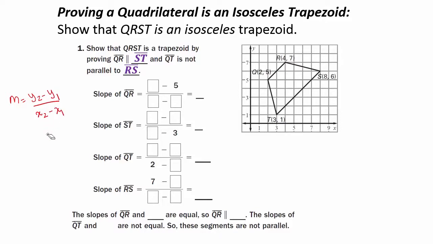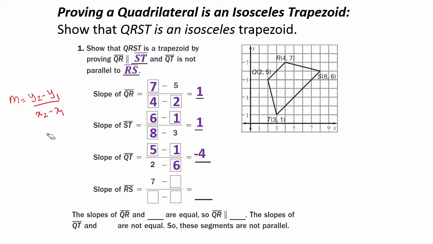The slope of line segment QR is equal to 7 minus 5 over 4 minus 2, which reduces down to 1. The slope of line segment ST is 6 minus 1 over 8 minus 3, which reduces down to 1. Slope of line segment QT is 5 minus 1 over 2 minus 6, which reduces down to negative 4.